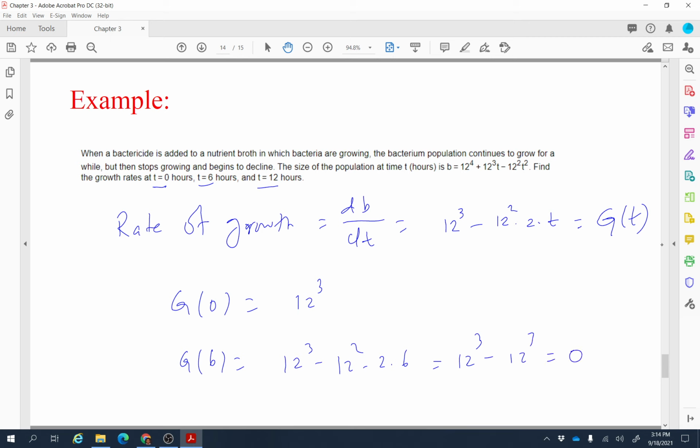So the growth rate of that bacteria at 6 hours is 0. Similarly, at 12 hours, you can find it by replacing t by 12. So it's 12 cubed minus 12 squared times 2 times 12, which is basically negative 12 cubed if you simplify that. So these are the growth rates at different times. Okay, so that's the derivative as a rate of change.